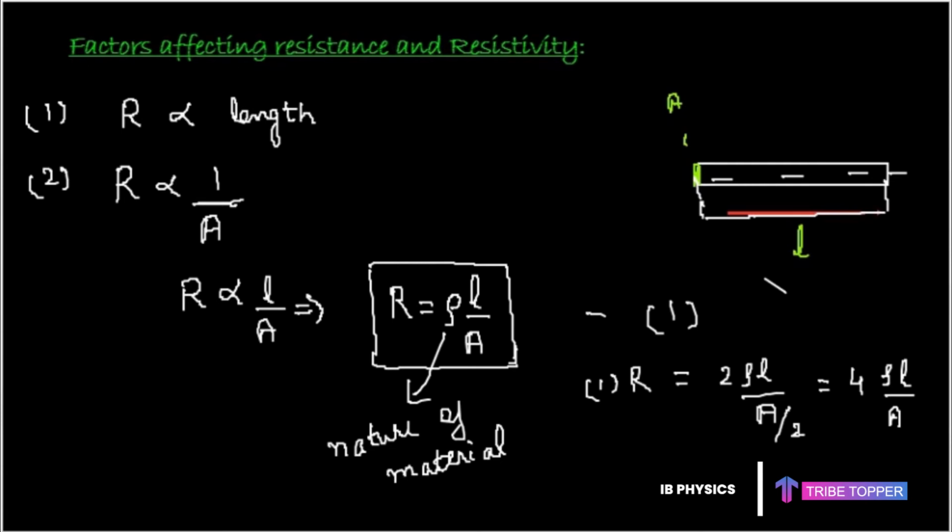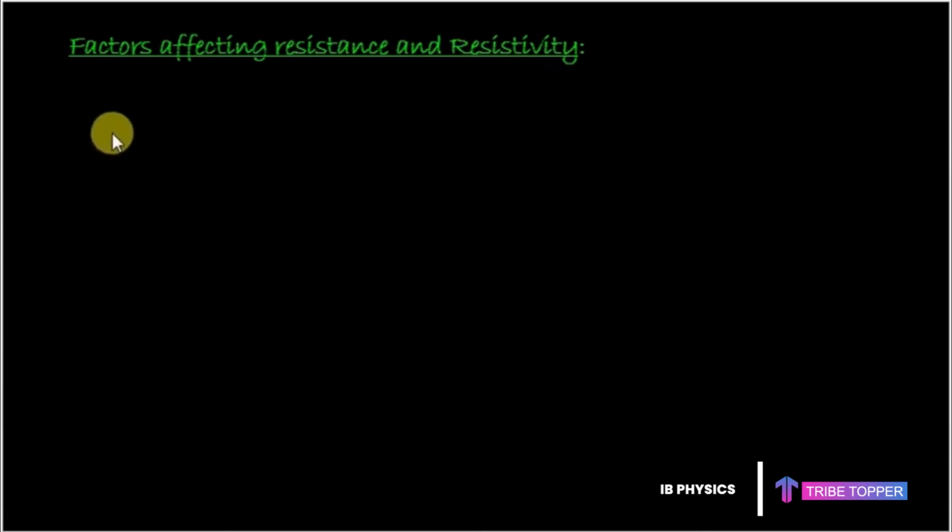Similarly, if you have it for area, you thicken a wire by doubling it on itself. So in that case, the length becomes half. So what should be the resistance? It should become L by 2 and the area would become 2A. So we have thickened the wire, we have doubled the area of cross section.